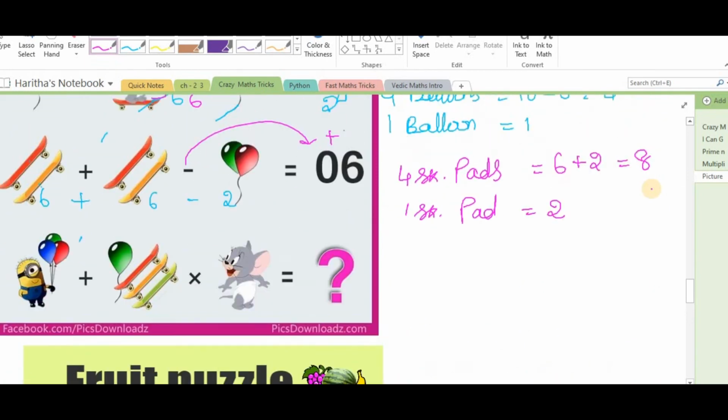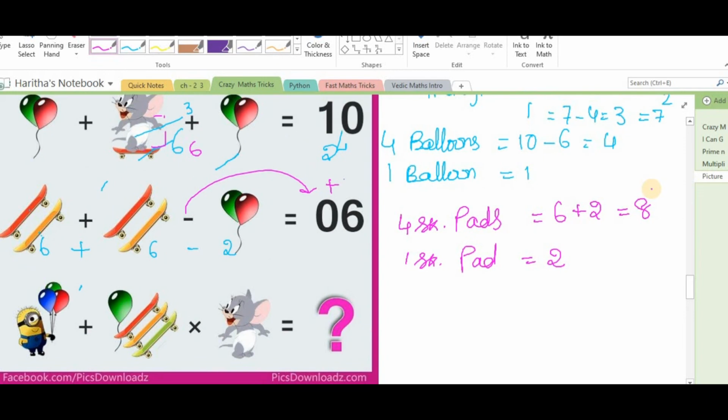Now we will find out here. 1 balloon is 1, and 3 2s are 6, and this Jerry value is 4, and this Memoji value is how much Memoji we got?